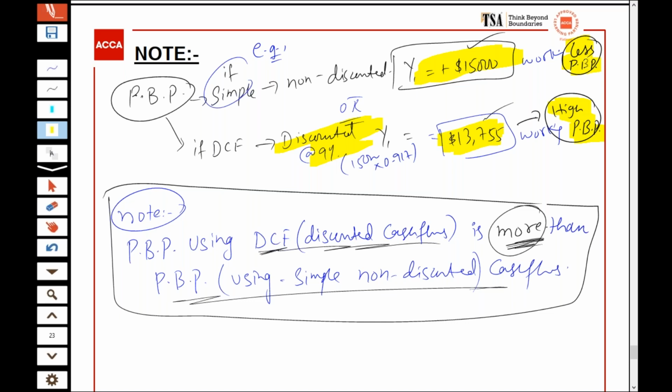Let's say your initial investment is 30,000. So you will have a 2 years payback period if it is an annuity. So what's your payback period for the discounted case? It will be more than 2 years.